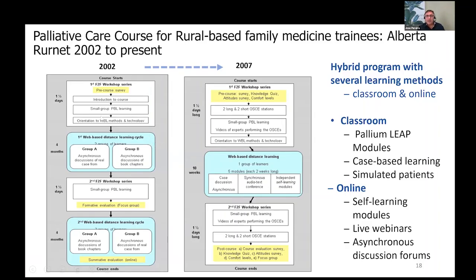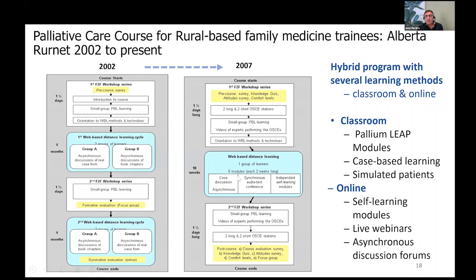We incorporated face-to-face learning using the LEAP courses, the LEAP modules, with web-based learning. The web-based learning was a combination of case discussions, the asynchronous discussions, synchronous sessions, now usually referred to as webinars, and then independent self-learning.